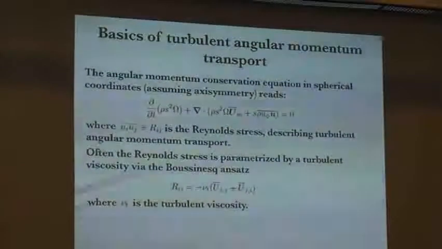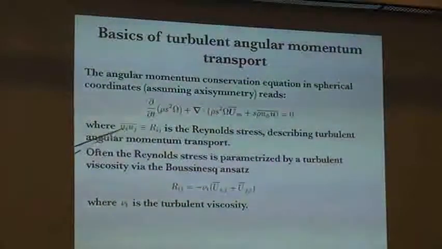So it's not only the Reynolds stress which solely describes how angular momentum is distributed. But in this talk we will just concentrate on the Reynolds stresses in different systems.